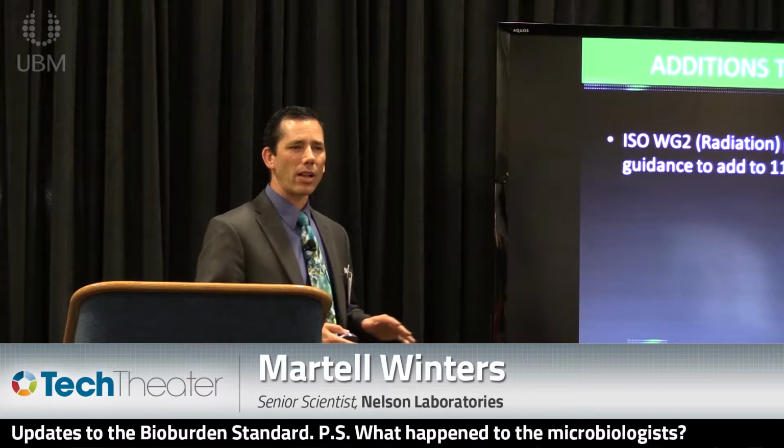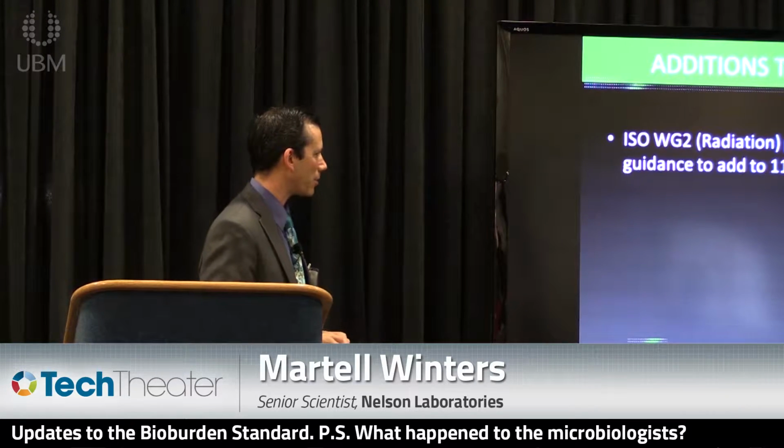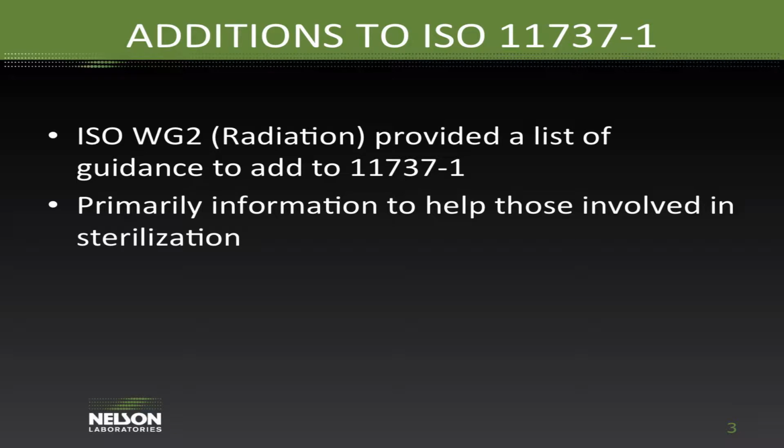Things that they felt, guidance that they felt was not currently present in the radiation standard. So primarily, the information they were requesting was more guidance, not more requirements. The requirements they felt were sufficient the way they were, but they felt that it would be beneficial to have more guidance in the document, specifically for those involved with sterilization.